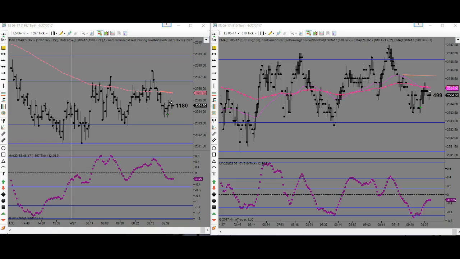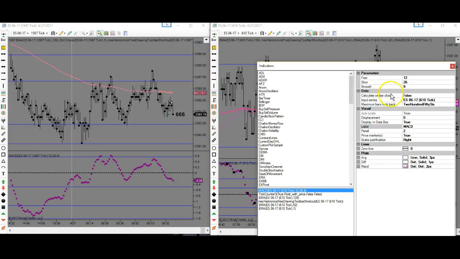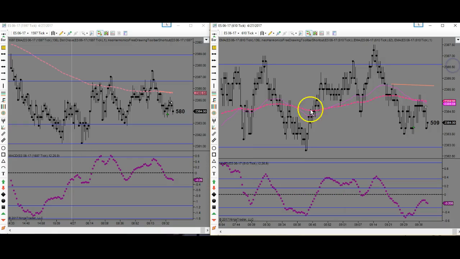This is painful to watch, guys. I'm watching this MACD, and I have the live MACDs on mine and the live EMA. To have the live MACD on, you want to set calculate bar on close to false.